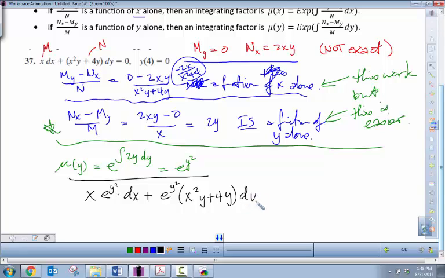Symbolically tell us what's going on there? What we did was we found an integrating factor, and according to this setup, if we multiply this original differential equation by this integrating factor, then we would have an exact differential equation.